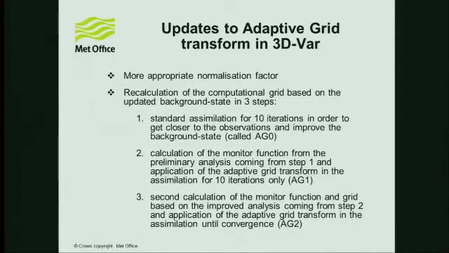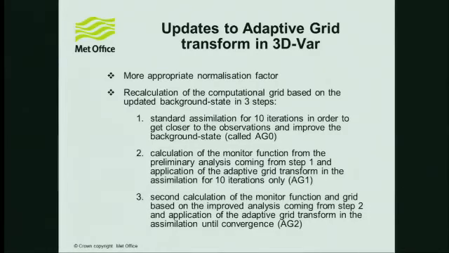So instead of doing it using the background state, the forecast, we were trying to use an updated version of the forecast. That meant doing a bit of an assimilation for 10 iterations, so being exposed to the observation.